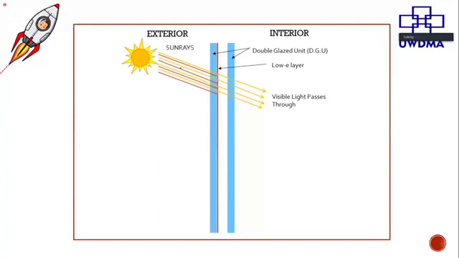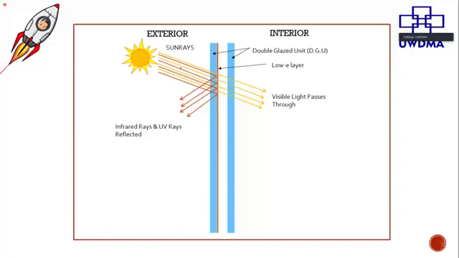So it will allow the visible light to pass in and it will reflect back infrared rays and UV rays. This scenario is in case of summer.